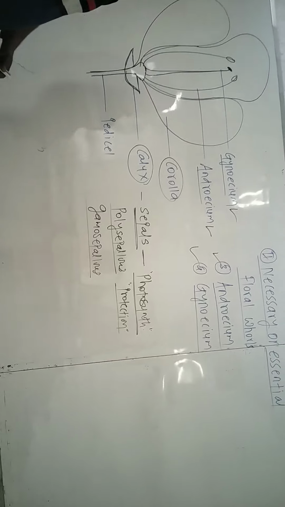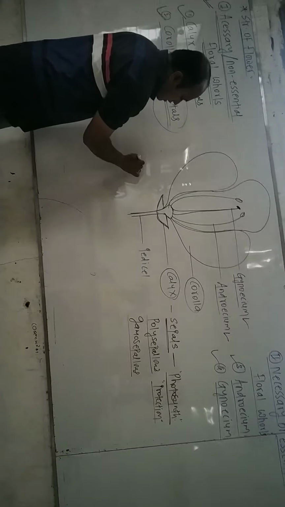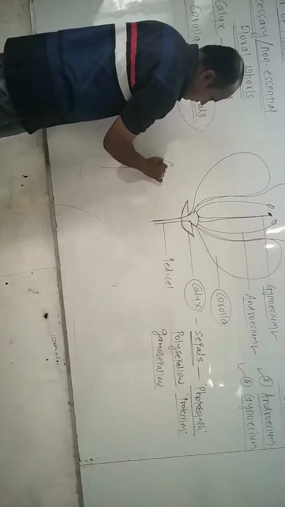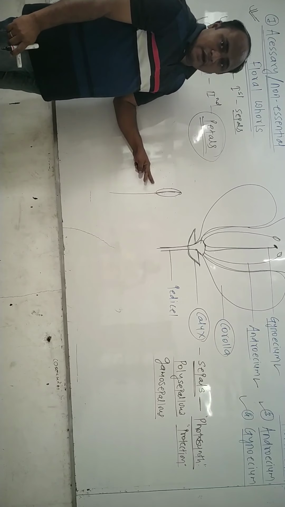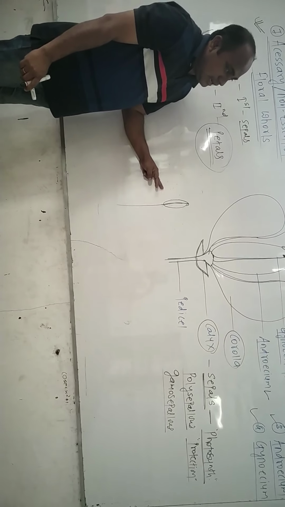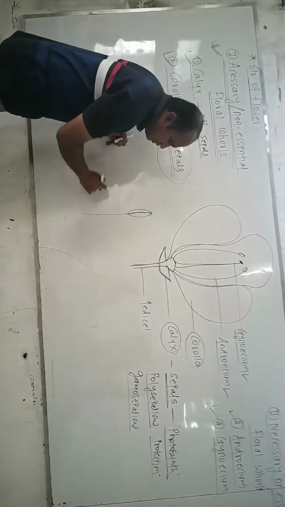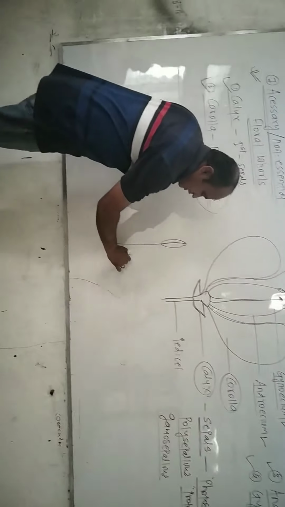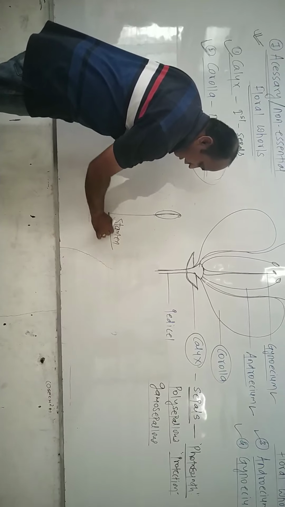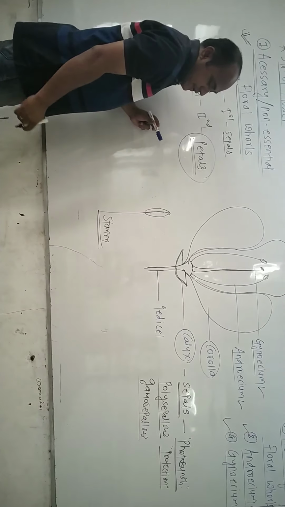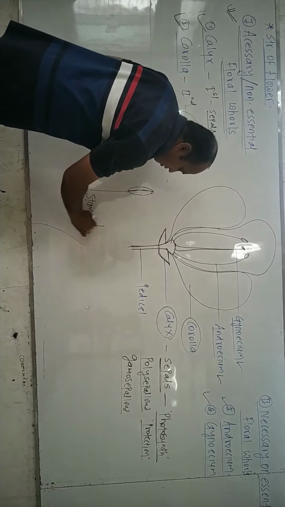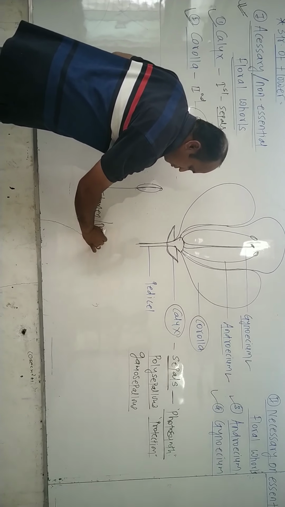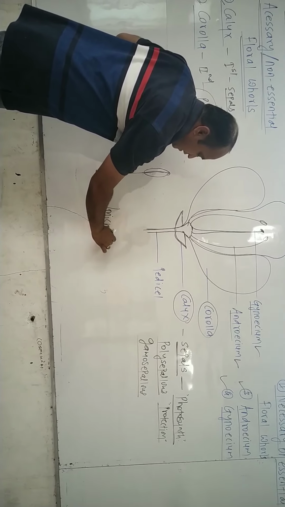In that, this androecium is called the third floral whorl of the flower. The typical member of androecium is called stamen, or when the flowery leaves are attached to that, they are also called microsporophyll.